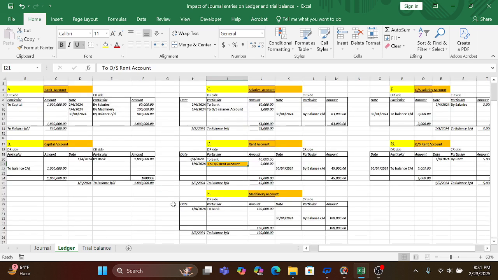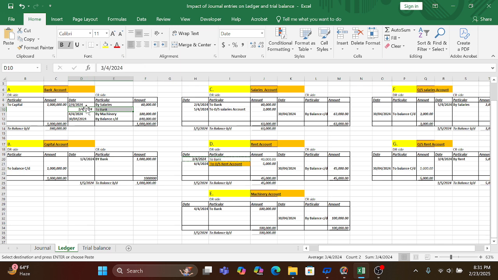In that case, in a rent account we have to show rent account debit to bank, and in a bank account I have to show "by rent".